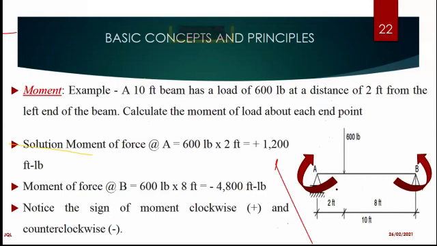So for you to calculate the moment that your muscles are now applying, it will be where you have applied that load and the distance from your joint, which is your shoulder, to where that load has been applied. So for this example, it will be 600 times 2. That is the moment at A. Is the moment clockwise or counterclockwise?